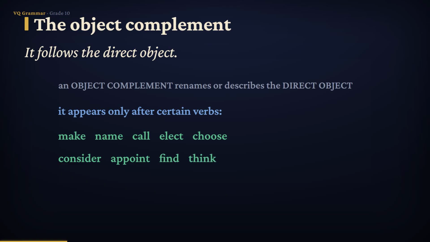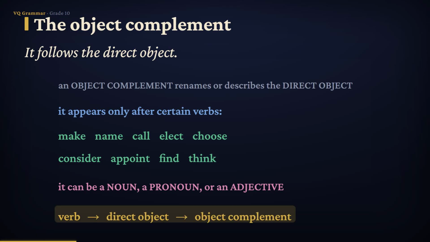Those verbs aren't satisfied with just an object. They need one more word to complete the picture. And that extra word can be a noun, a pronoun, or an adjective. The order never changes. First the verb, then the direct object, then the object complement sitting right behind it.